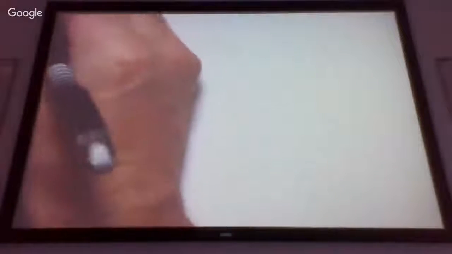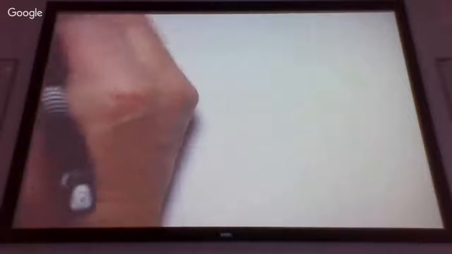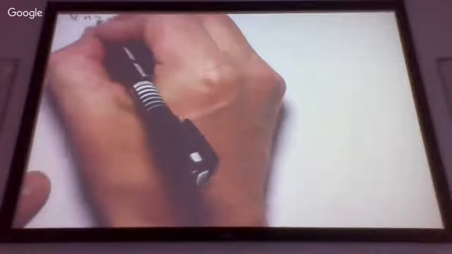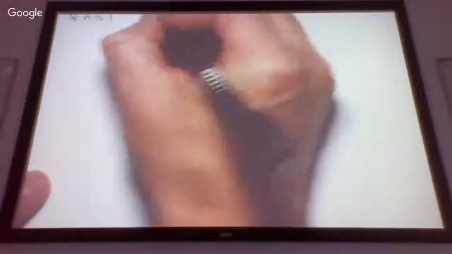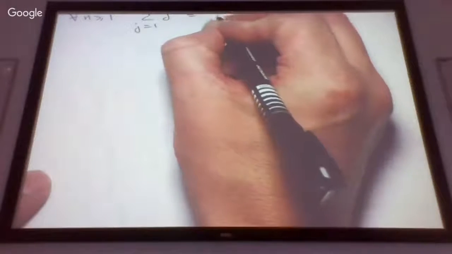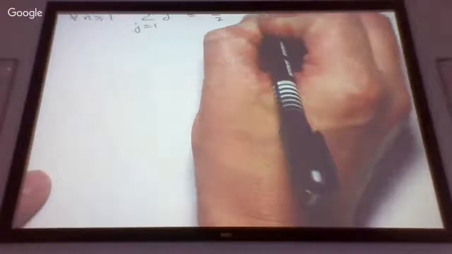Okay? So this first one is question 1. So this formula that we're proving is this. We're adding up all the integers j from 1 to n, and this is n over 2 times n plus 1. Okay, so this is what we're trying to prove.